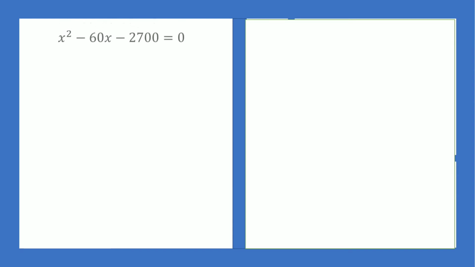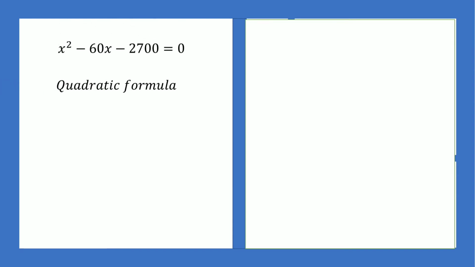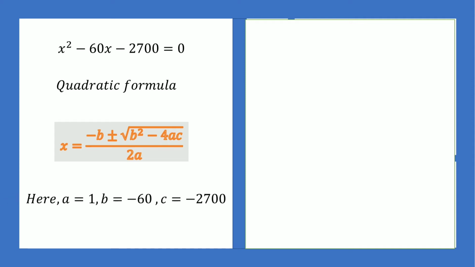It is in the standard form. Here we can factorize also, but for the quadratic formula, x = (−b ± √(b² − 4ac)) / 2a. Here a = 1, b = −60, c = −2700.